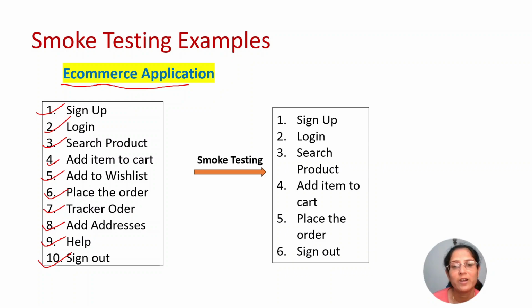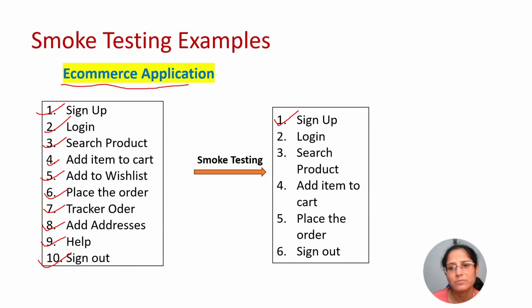Now, as part of smoke testing, whenever we receive the new build from the development team, what are the basic, major or critical features we are going to test? I will check whether the user is able to register or not. That is one functionality.